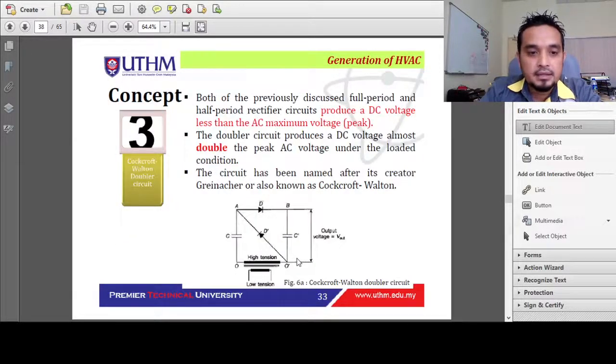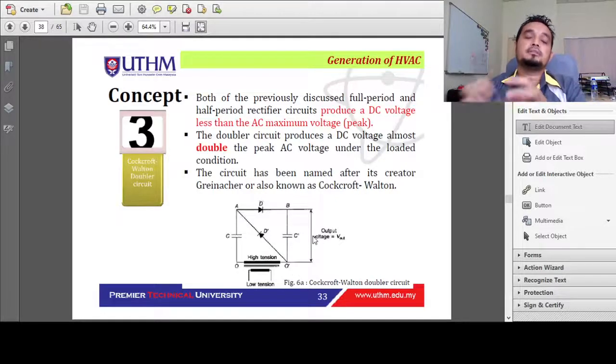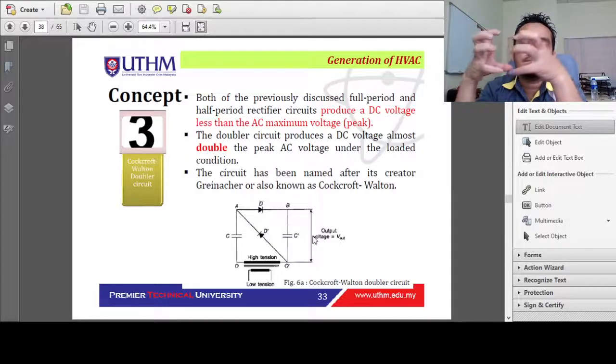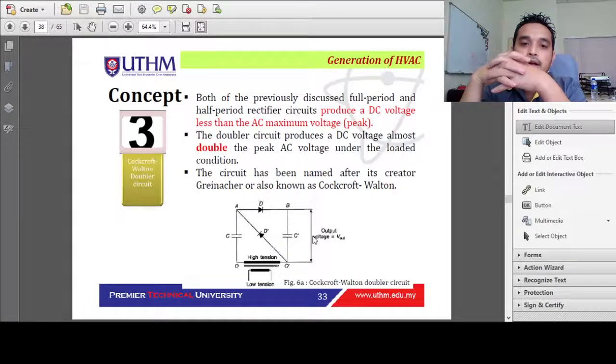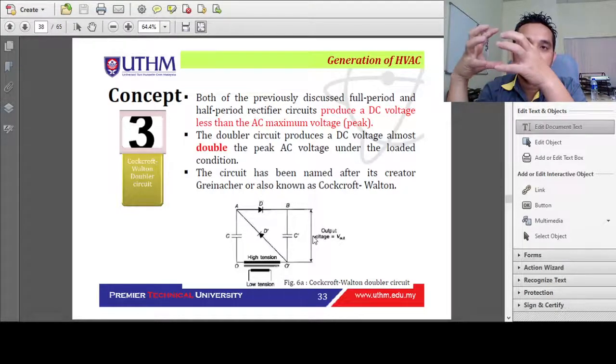Okay, and then next we are going to look at the Cockcroft-Walton doubler circuit. What is Cockcroft-Walton? Cockcroft-Walton is actually the founder of this circuit, to double up the voltage. For example, if we use the half wave rectifier circuit to generate 100 kV, maybe we will have 90 kV.